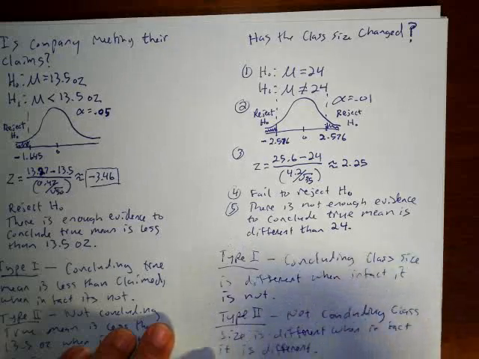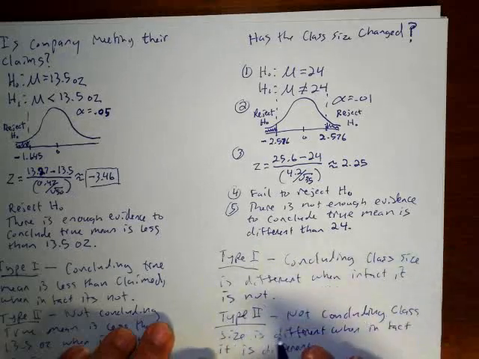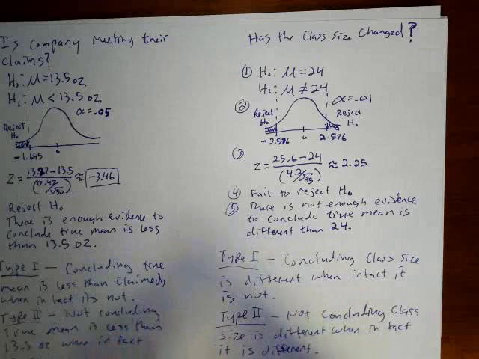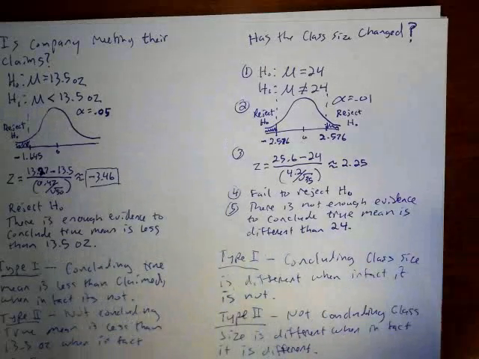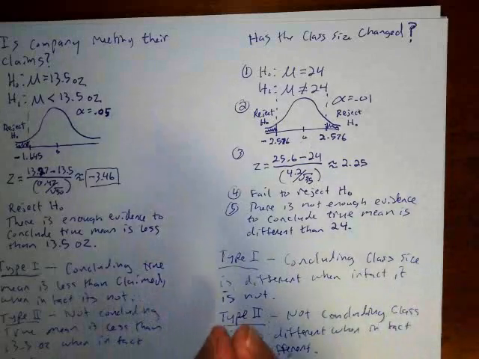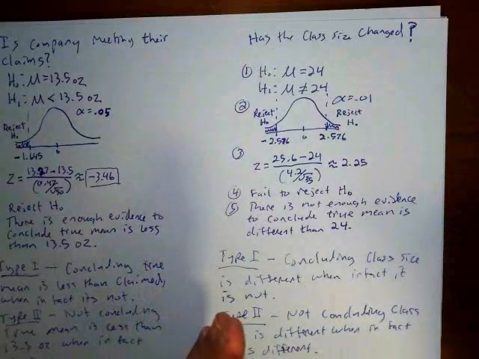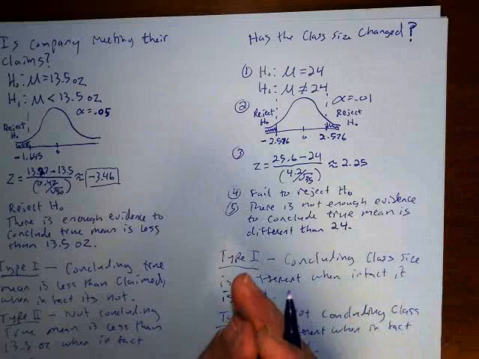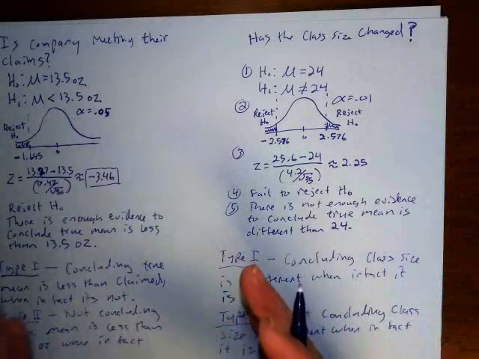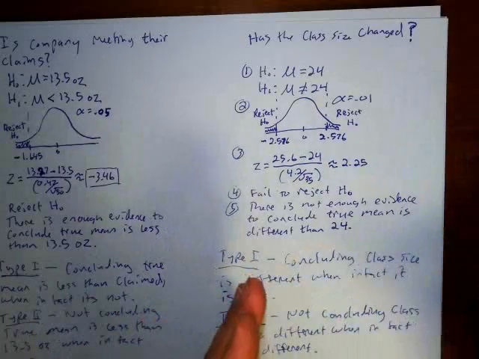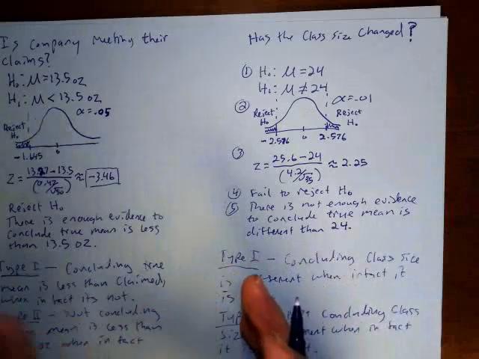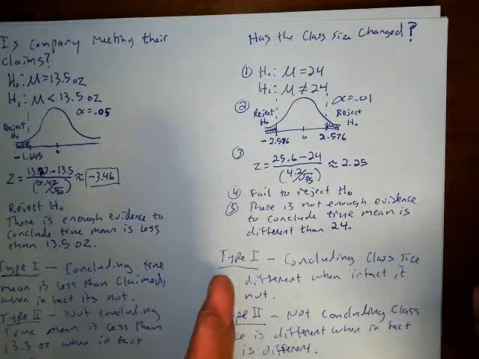Now, we don't know the probability of that. The reason is the probability of committing the type 2 error depends on how big the difference is. If the class size was like 50, or like 5 students, if it changed dramatically from 24 one way or the other, we're going to catch it.